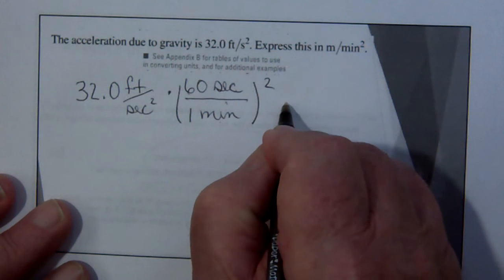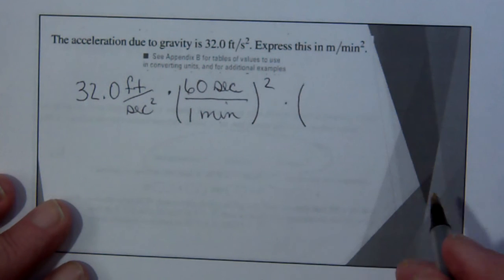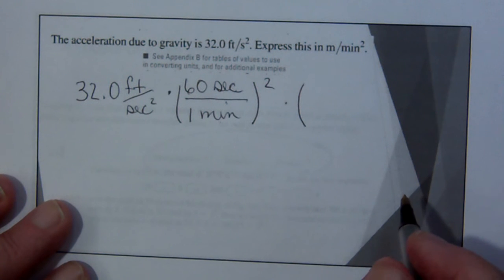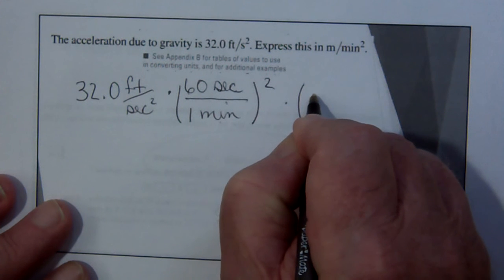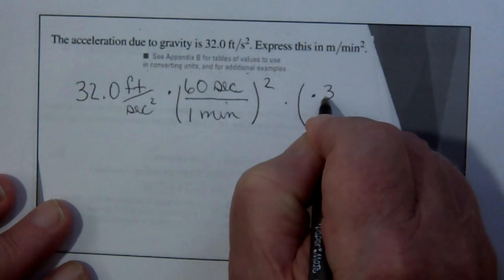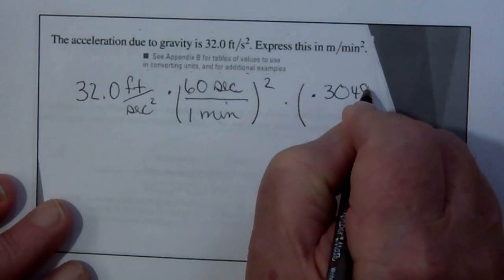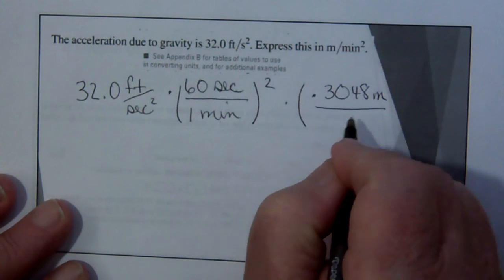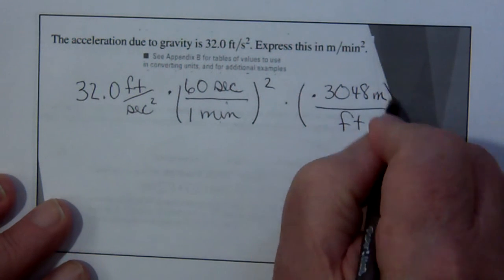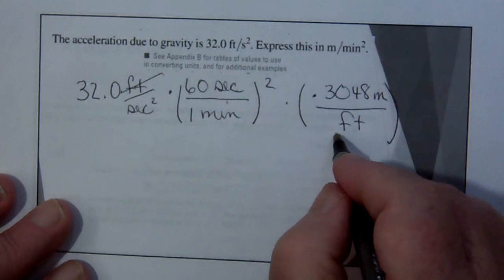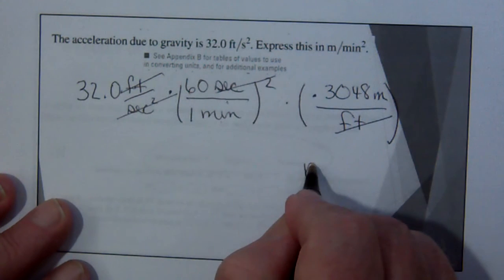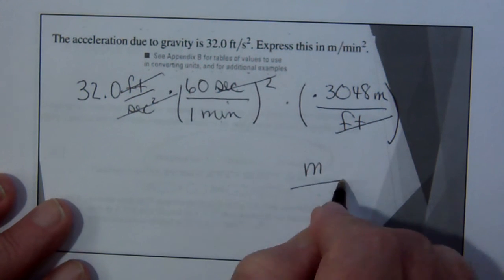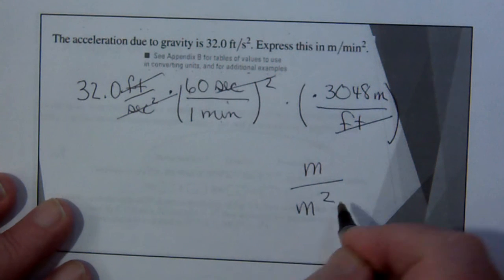And then we have to change feet into meters, and it is known that there are 0.3048 meters in 1 foot. So what will happen is the feet will cancel with the feet, the second squared will cancel with the second squared, and our answer is going to then be meters per minute squared.